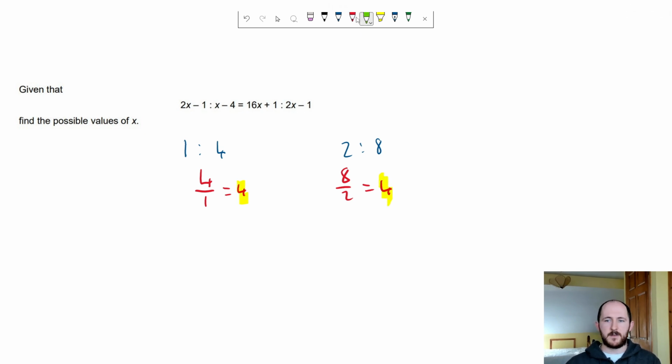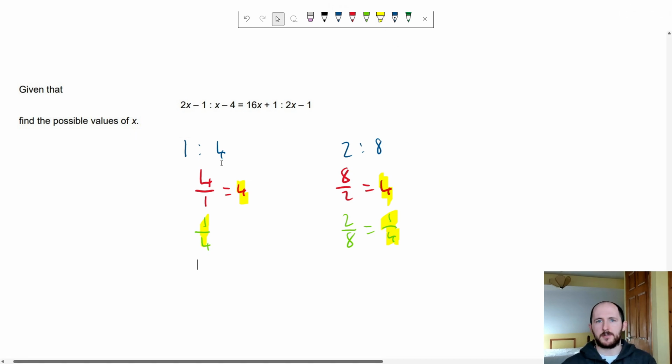Look what happens if I divide the left by the right. I get the same value. Now this should make sense to you because remember it's proportion, right? If they have the same proportion, then that means their fraction should be the exact same as well. So we're going to use that fact in this question.